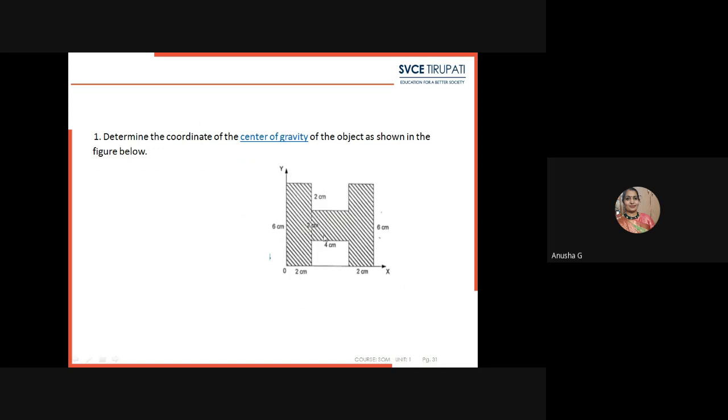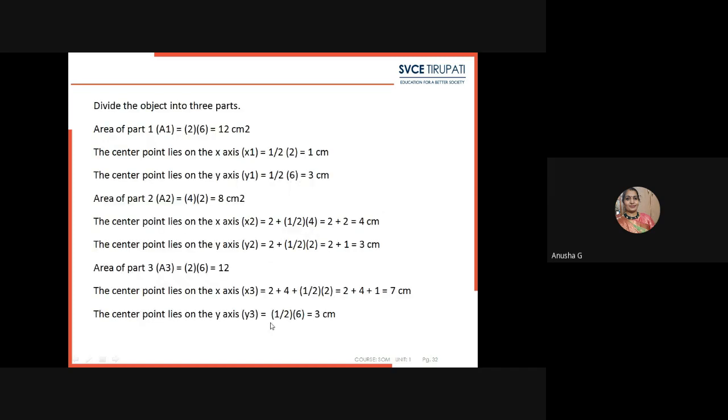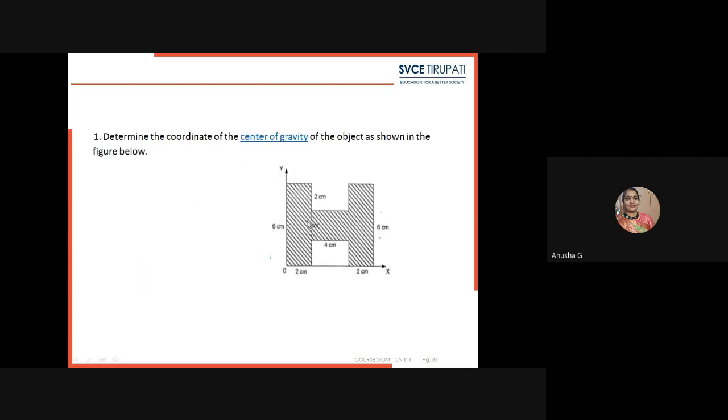Next I am taking for this rectangle, whatever the first rectangle is, 2 meters, plus 4 by 2. This will be 4 meters. First one is 2 meters plus 4 by 2, here is my x2. And then x3 will be 2 plus 4 plus 2 by 2. That means 7 is my x3. x1 is 1, x2 is 4, x3 is 7.